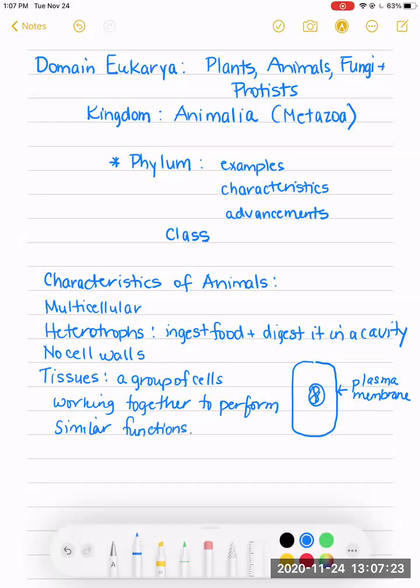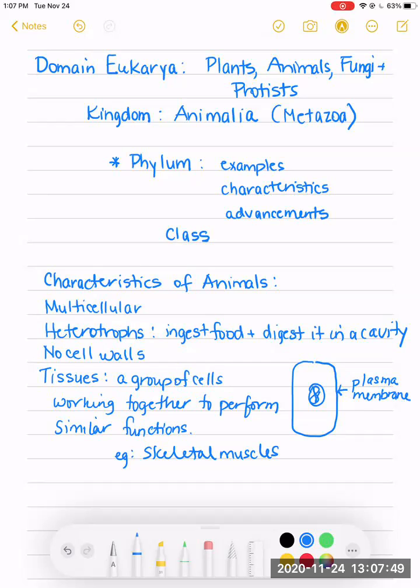And you had this definition at the very beginning of the semester when we talked about the levels at which we study biology. So for example, you have skeletal muscle tissue, and it's a bunch of cells of the same type that work together to perform the function of muscle contraction to move your body.